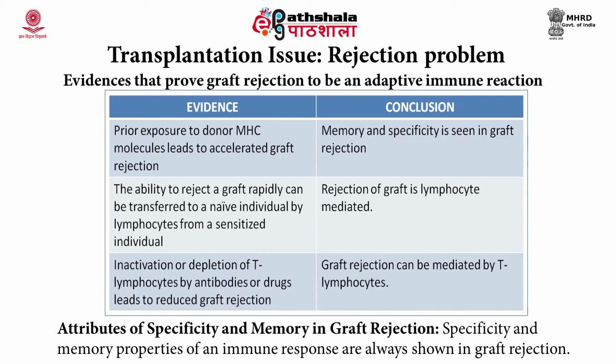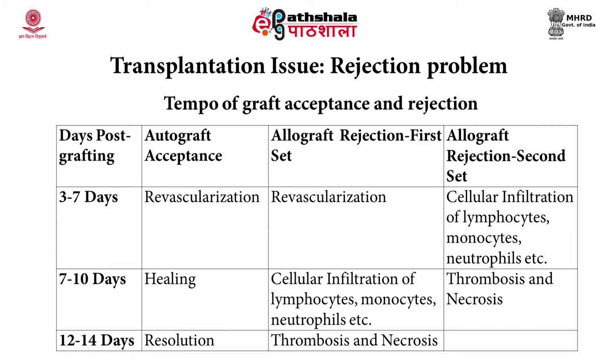Rejection of the strain B graft follows the second set reaction and hence is faster, whereas rejection of the strain C graft is slower, just like the first set reaction. Hence, specificity as well as memory is clearly shown in the immune response to graft rejection. Here in this slide, you can see the tempo of graft acceptance and rejection.